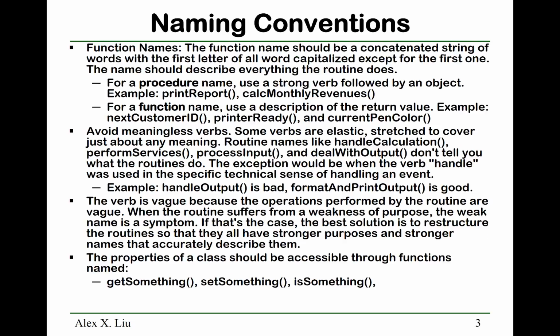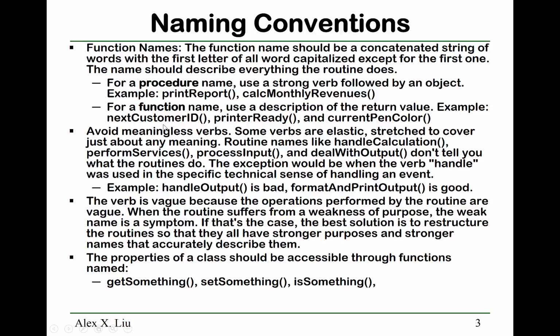Naming conventions. For function names, the function name should be a concatenated string of words with the first letter of all words capitalized, except for the first one. And the name should describe everything that the routine does. For a procedure name, use a strong verb followed by an object, such as printReport and calculateMonthlyRevenues. For a function name, use a description of the return value.